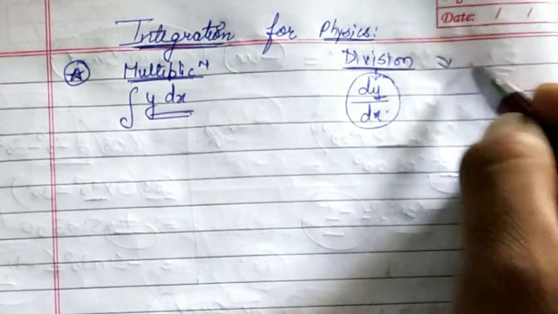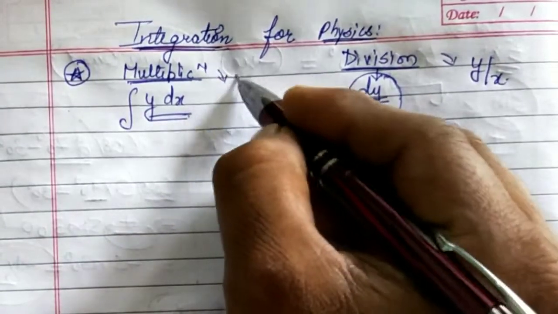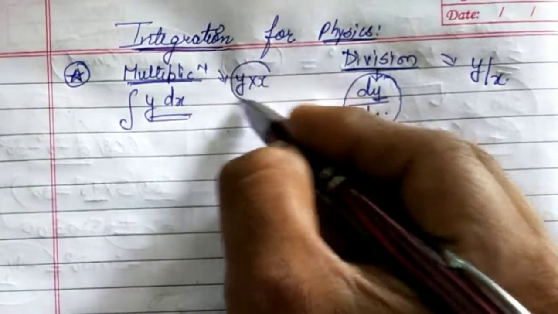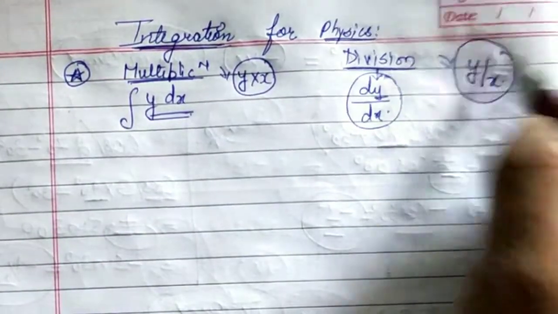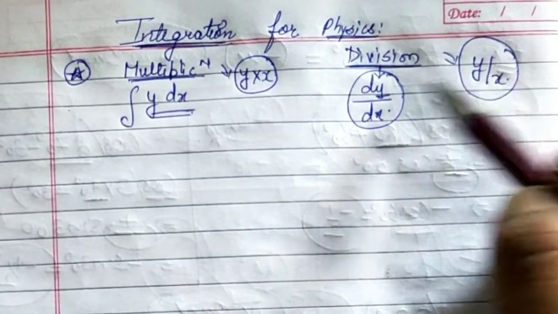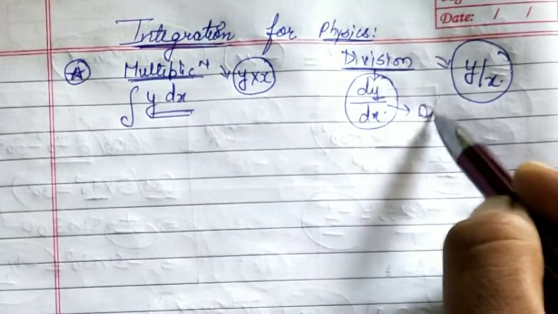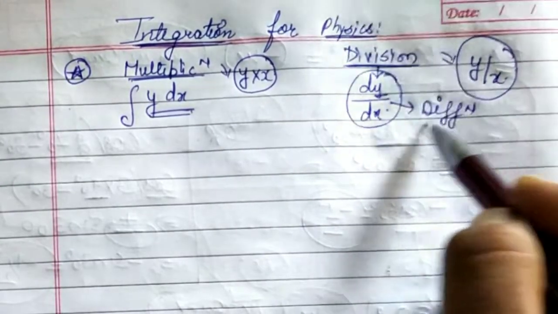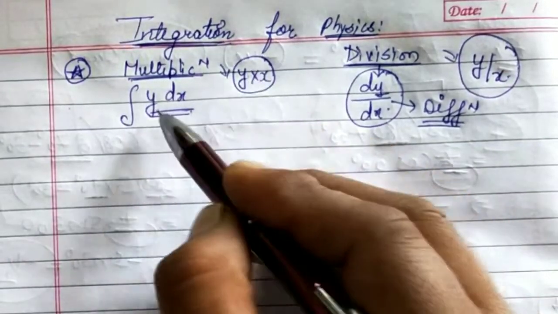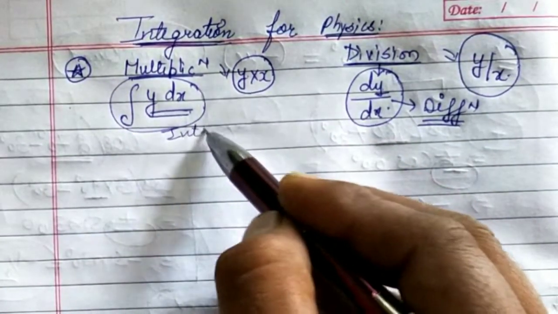Division is like y by x, and multiplication is like y into x. These are the simpler terms, but if the variables are changing very rapidly, then their division is called differentiation, and if the variables are changing very fast, then their multiplication is called integration.